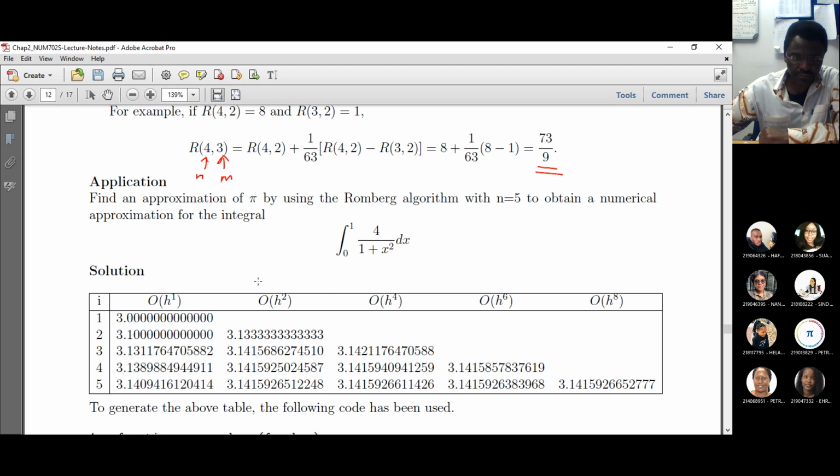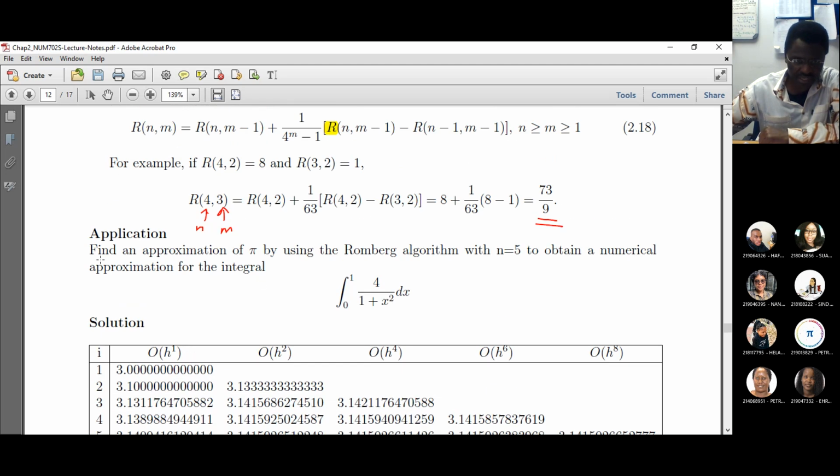Now an application. Here you are asked to find an approximation of pi by using the Romberg algorithm when n is equal to 5 to obtain a numerical approximation for the integral. So this is the integral we want to compute. Right. We know the antiderivative of this one, right? You know that the antiderivative of this is what? The tangent inverse, right?